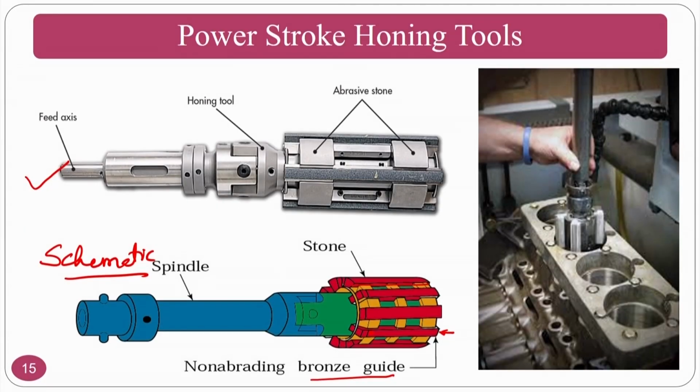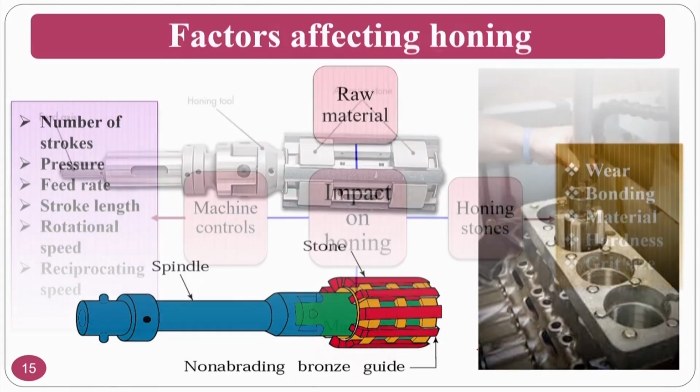Okay. These are the commercial machines. What you have to do is load the workpiece, this is the workpiece, and this is the power stroking method. Okay. So, you can incorporate all the necessities and just switch on, it will do its own function. Okay. This is called the power stroke honing process, and these are the two tools which are used in the power stroke honing process.